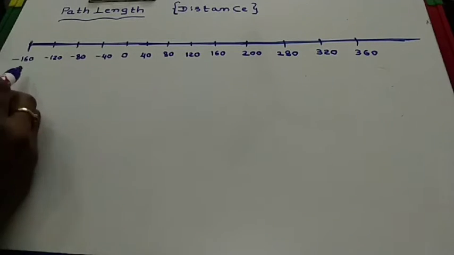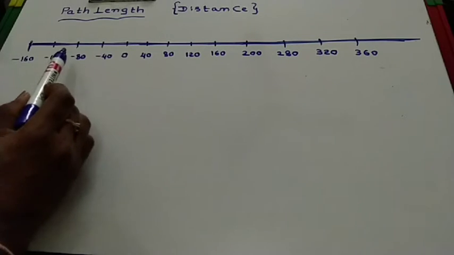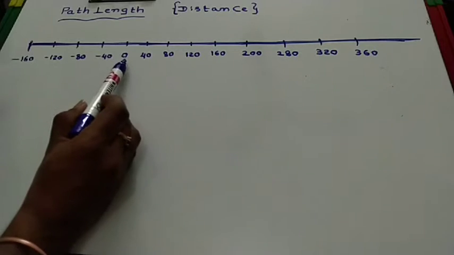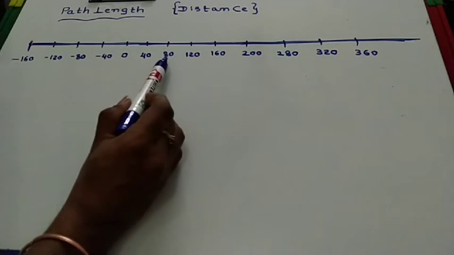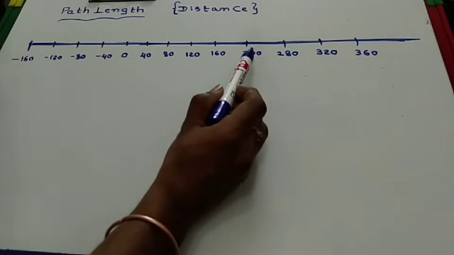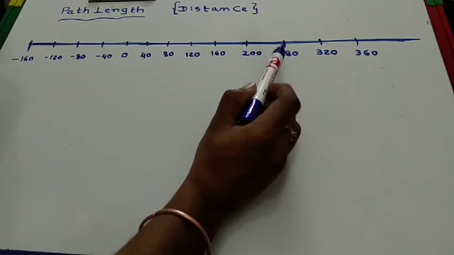Now once again I am repeating: minus 160, minus 120, minus 80, minus 40, 0, plus 40, plus 80, plus 120, plus 160, plus 200, plus 240.